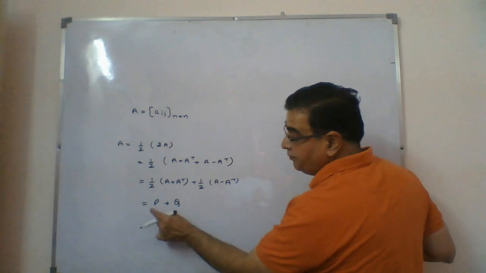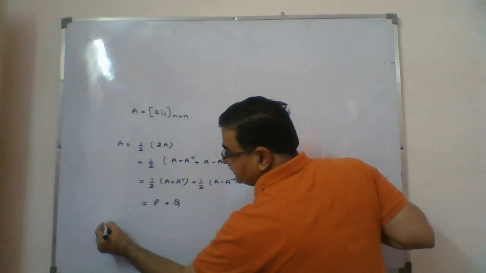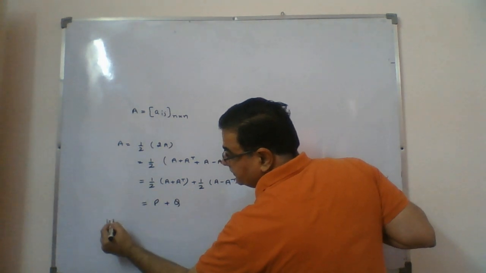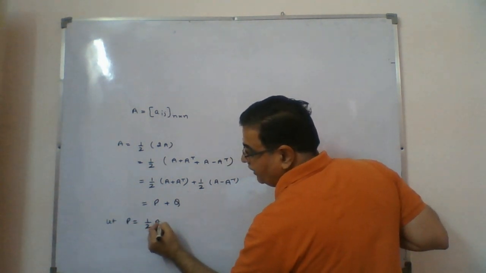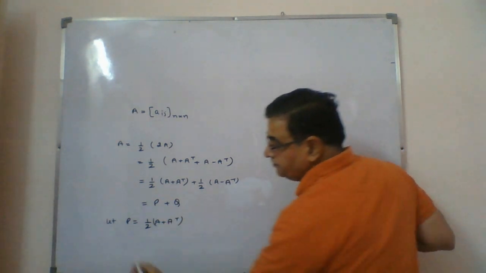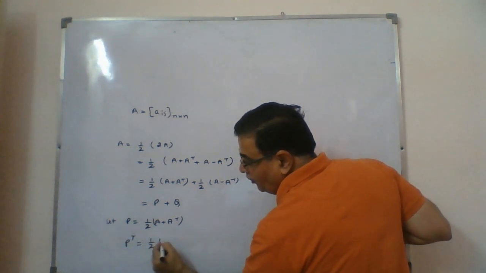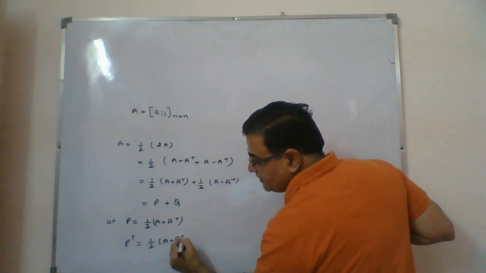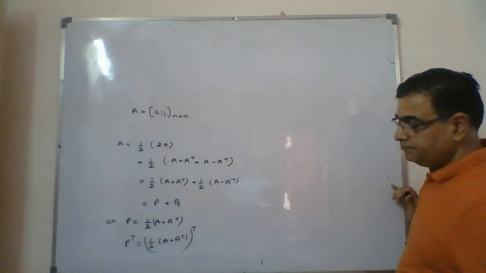Now we have to show that P is symmetric and Q is skew symmetric. So we start with this. Let P be half of A plus A transpose. Then what will be P transpose? It will be half of A plus A transpose whole transpose.